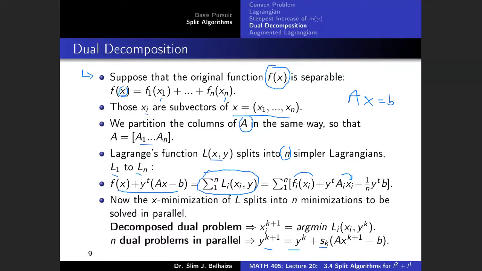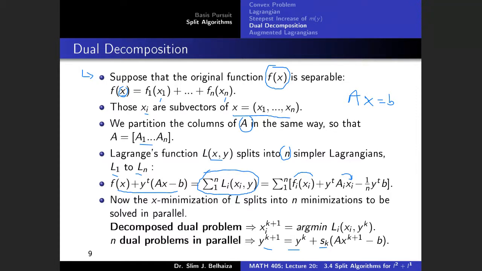So now the x minimization of L splits into n minimization problems that can be solved in parallel. In fact, if you have already done parallel programming, instead of solving a huge problem that takes a lot of time, you can solve the whole problem in a much shorter time.